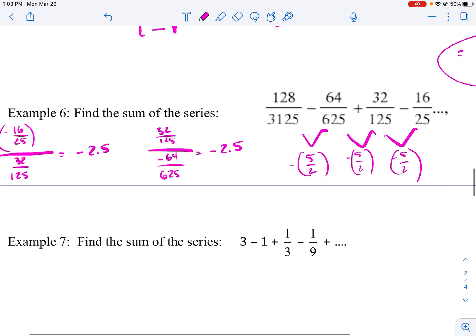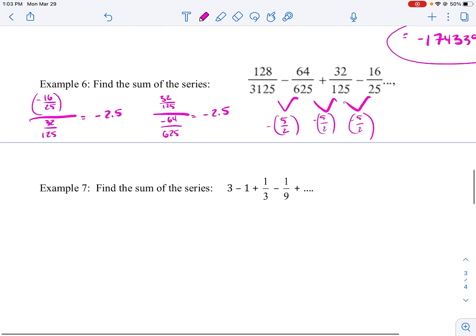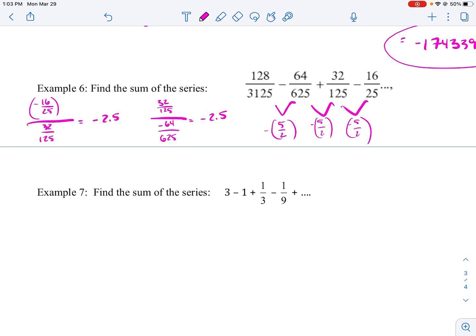But then if you're ever unsure, you're like, what if they mess me up on that last one? Okay, negative 64 over 625, all that divided by 128 over 3125. Make sure you guys are putting those in parentheses when you put them in your calculator.